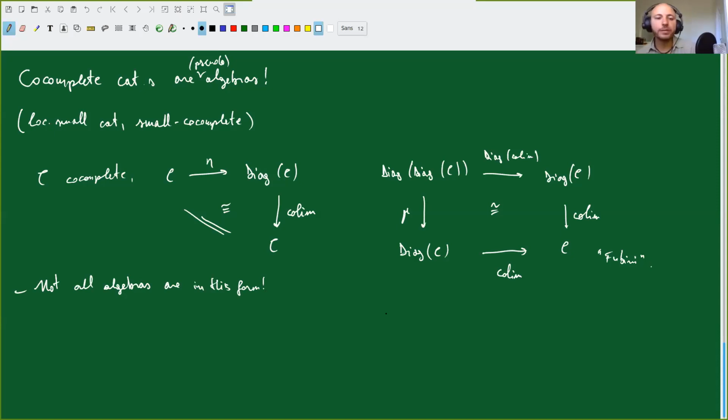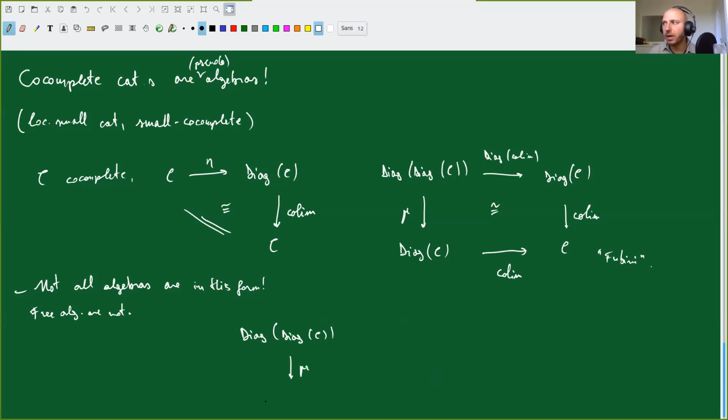So maybe one way to see this is that in particular, free algebras are not. If you take a free algebra, the structure map is given by mu.